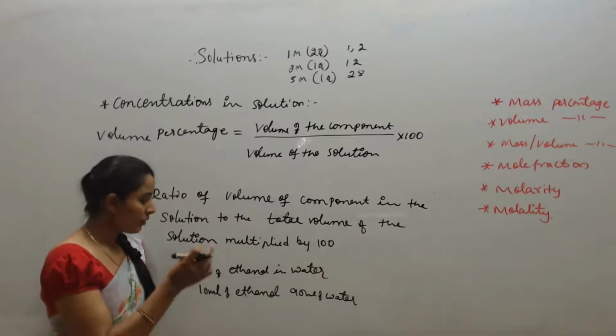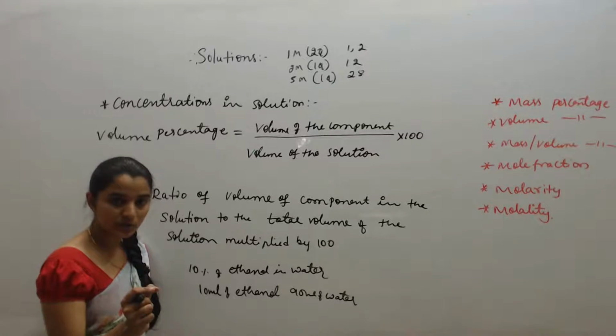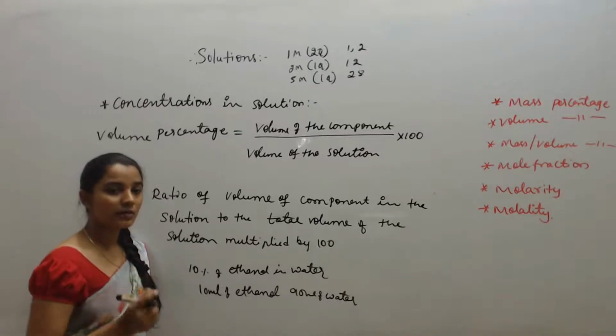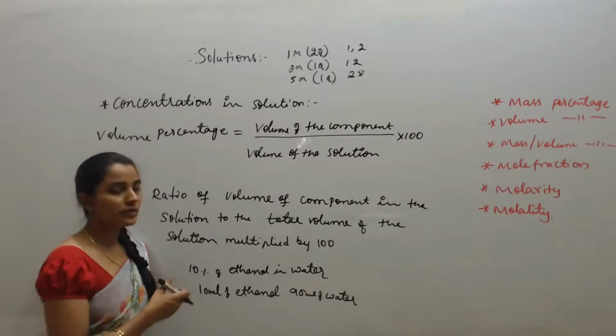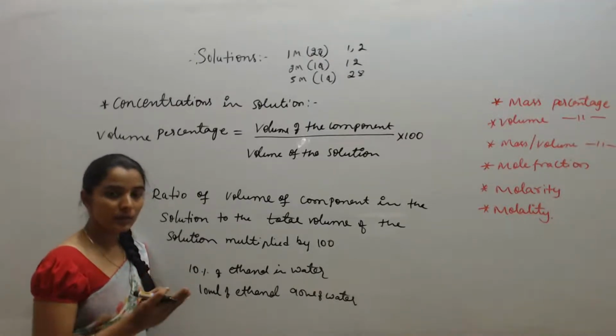So students, why are we taking ml here? Before, we took gram because for solid substances, solids are never measured in volume and liquids are never measured in mass. We may convert them.